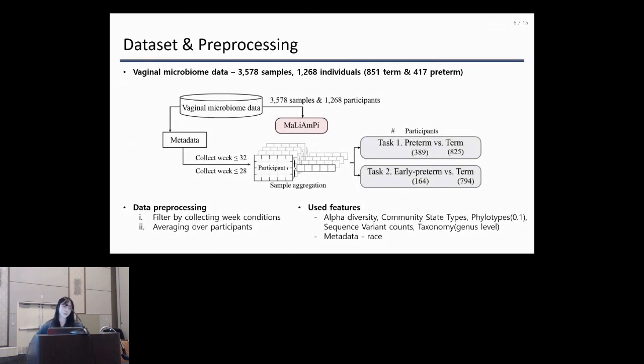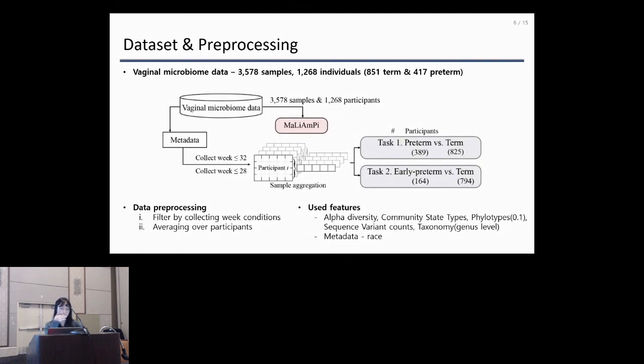And because the model was validated at the level of the participants, we averaged over all those samples to the participant level. You can see the used features here. We used all the data retrieved from the Mulliamp pipeline except the pairwise distance.